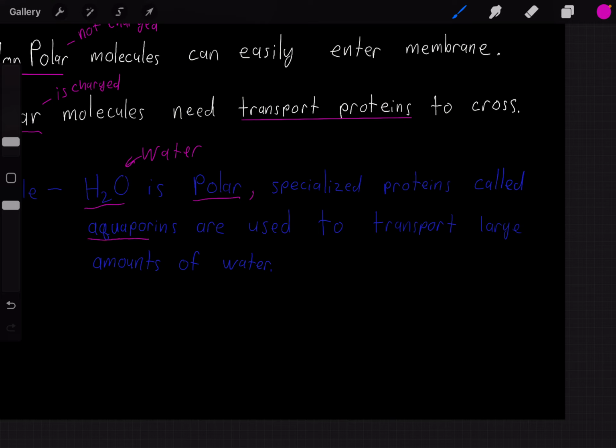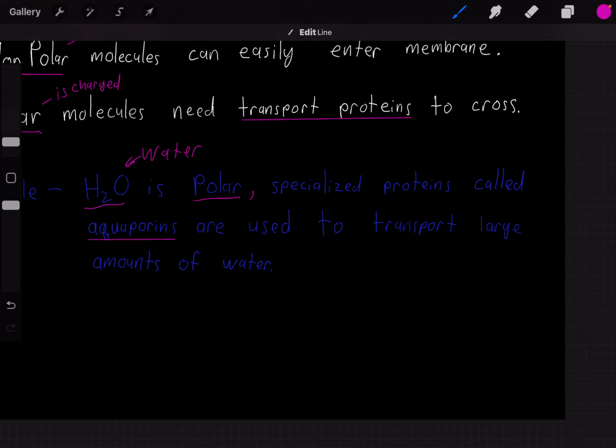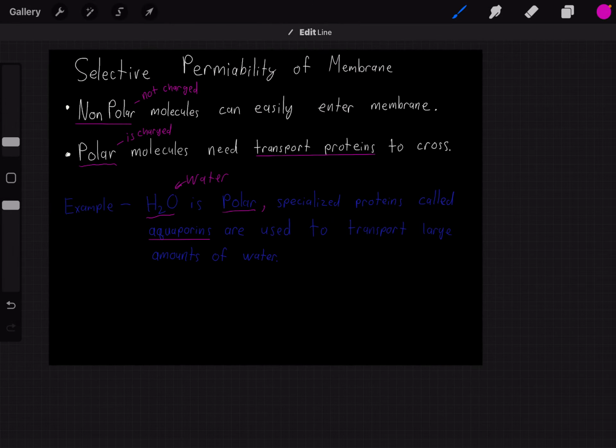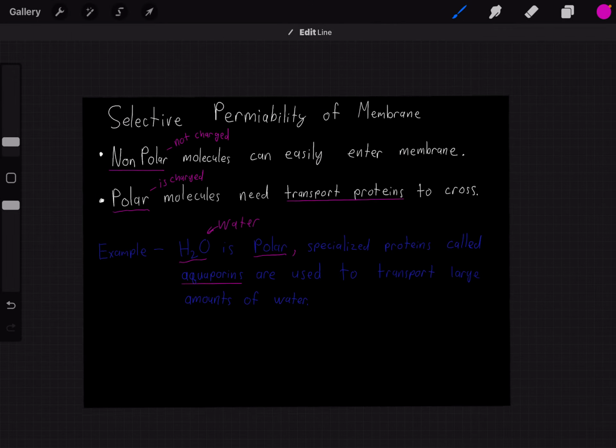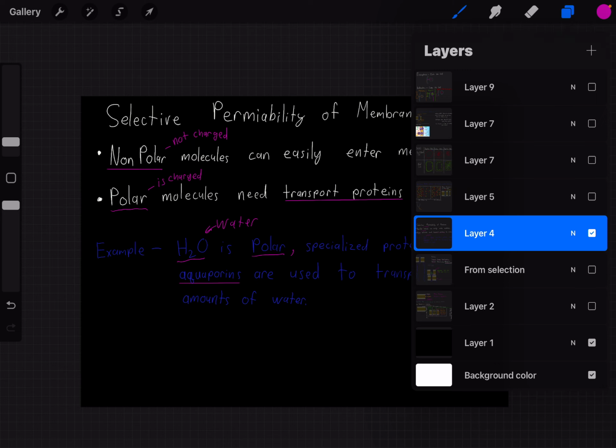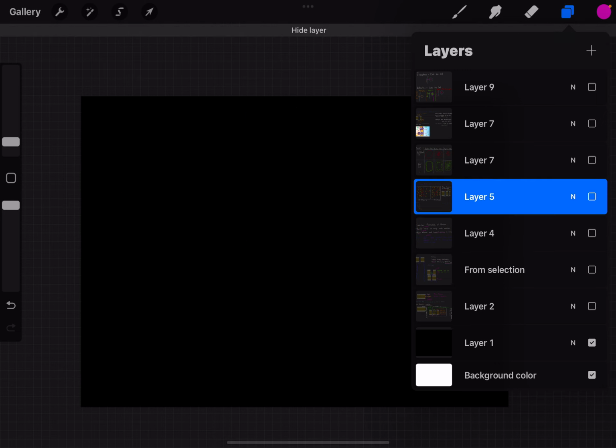The aquaporins are specialized transfer proteins, or channel proteins, that are used to transfer large amounts of water. And we'll talk more about transfer proteins later, but knowing that aquaporins is the special name of a protein that transfers just water into the cell is really important to know. To the next slide.